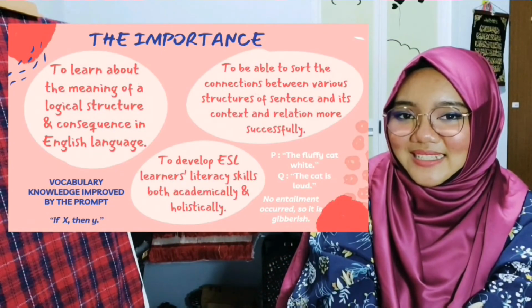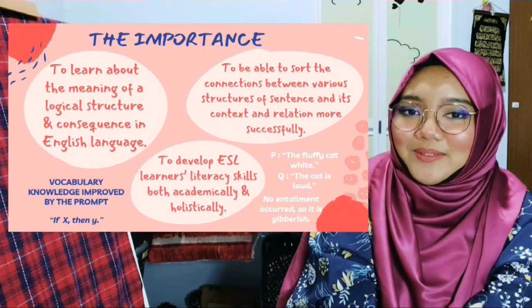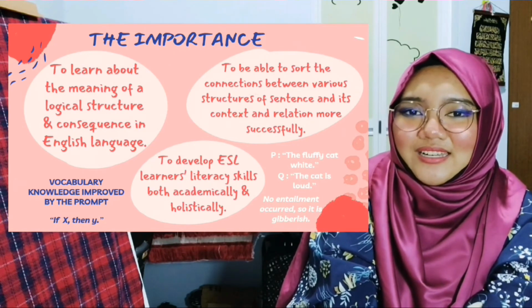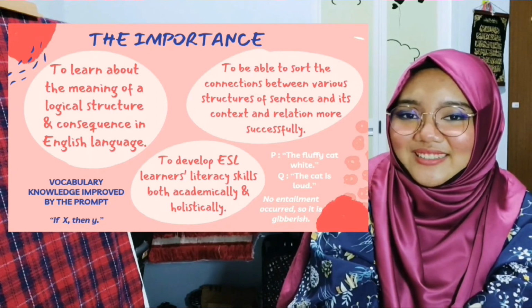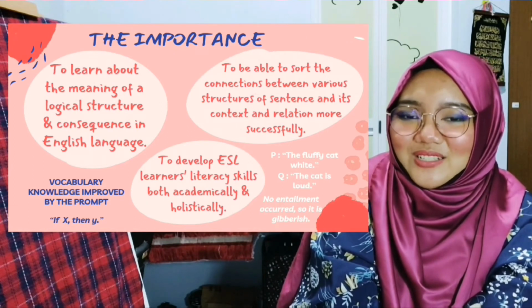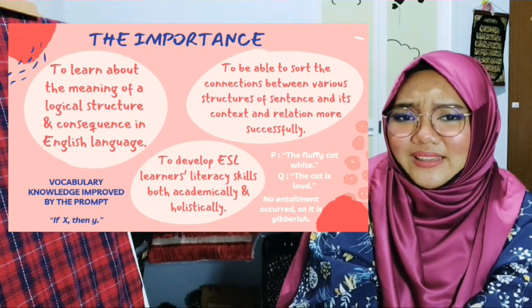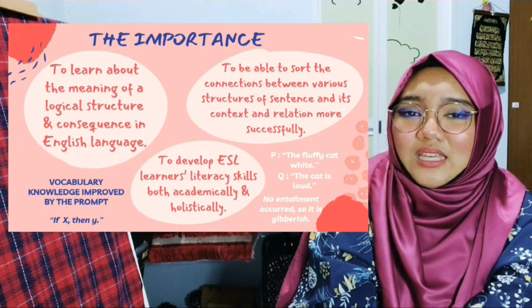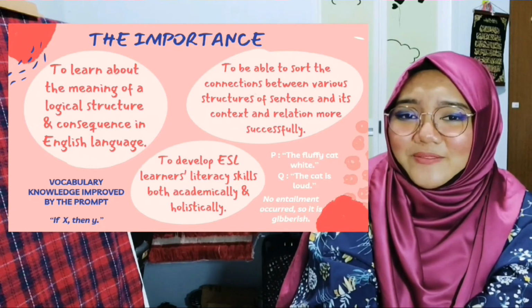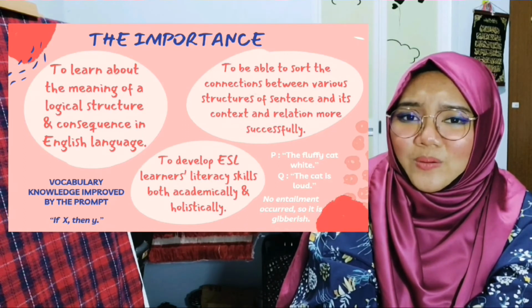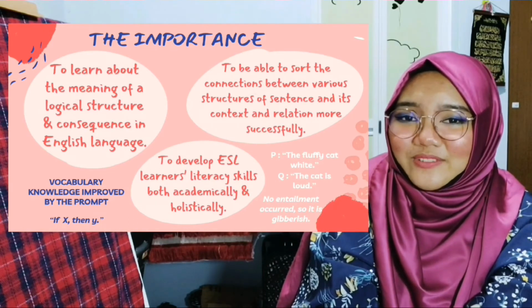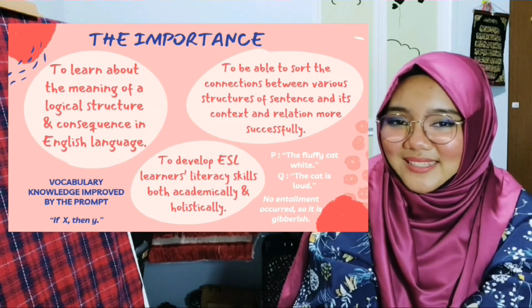With entailments, ESL learners will be able to understand the meaning of a logical structure and consequence. They will be able to decipher utterances in English just by understanding their logical consequence. Without entailments, however, ESL learners will not be able to detect, differentiate and know how the English language works in actual conversations and in living situations.